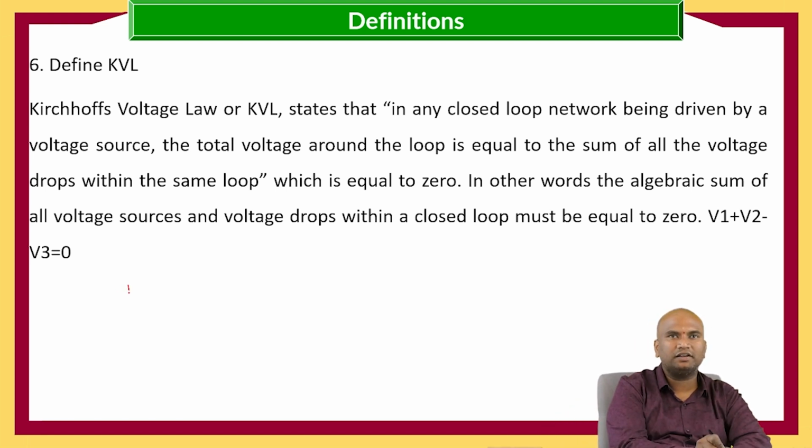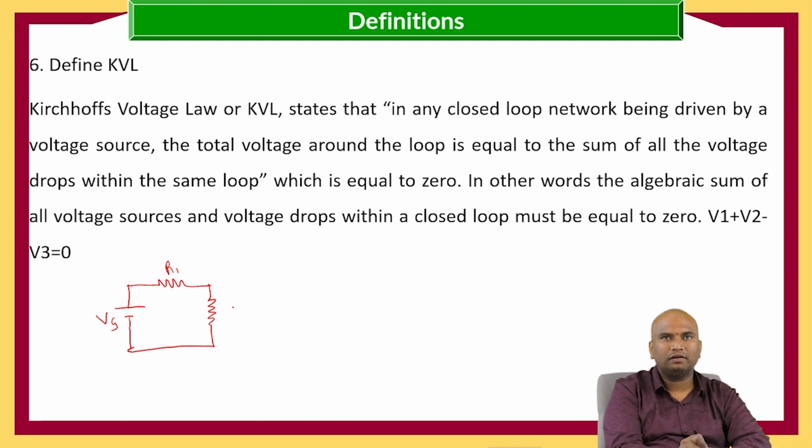Let us consider a voltage source with two resistors in series: Vs, R1, R2. The resistor voltages will be considered in this particular direction, VR2, and this is the current direction which we are going to give.